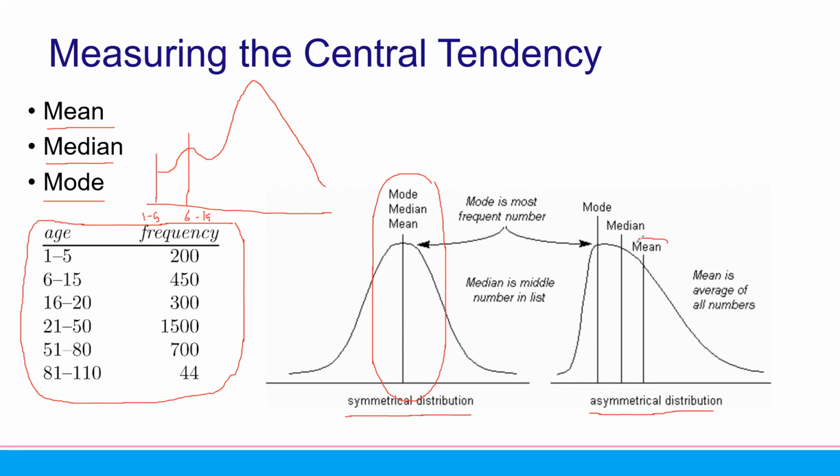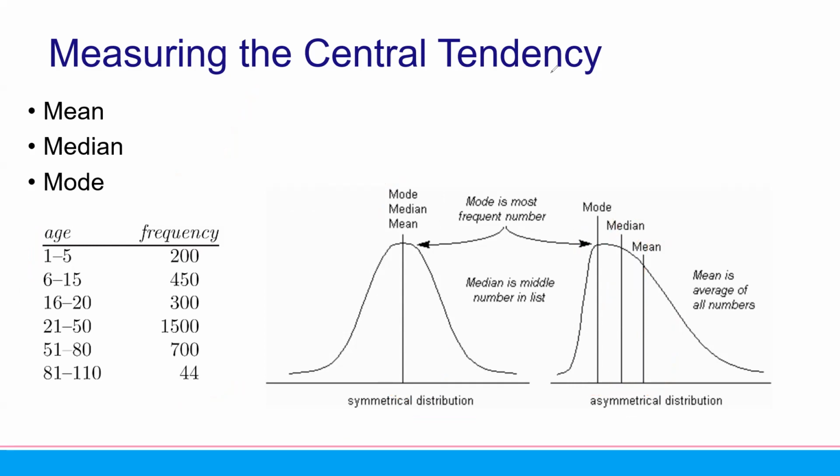So maybe the mean will be higher, the median will be in the middle, and the mode will be on the left. So in this case, we need to use those 3 measures to find the central tendency, because our data might be asymmetrical.